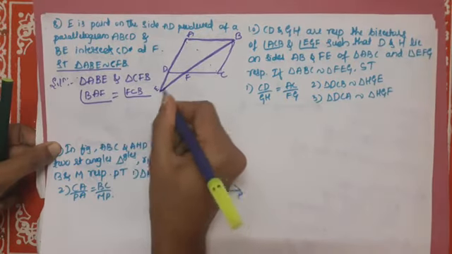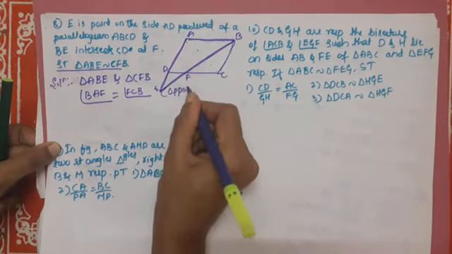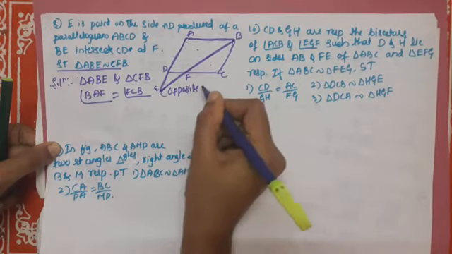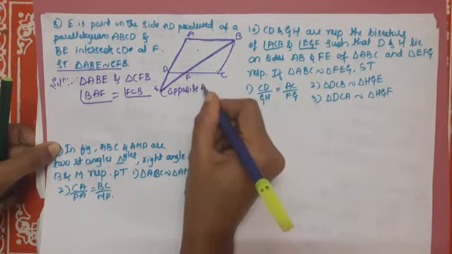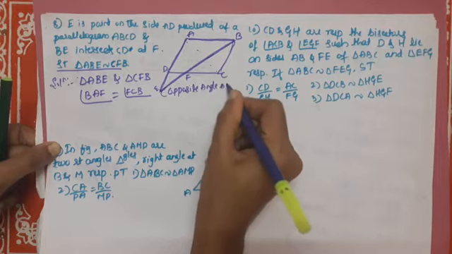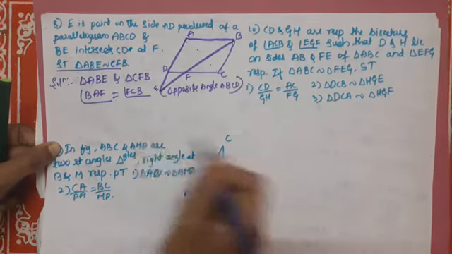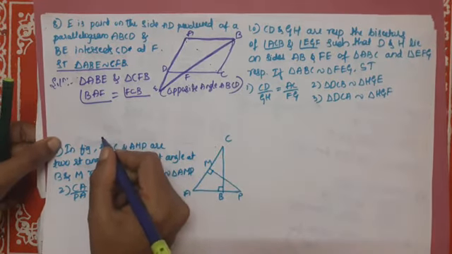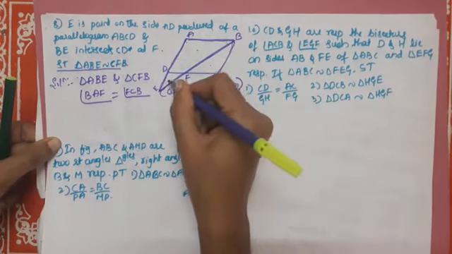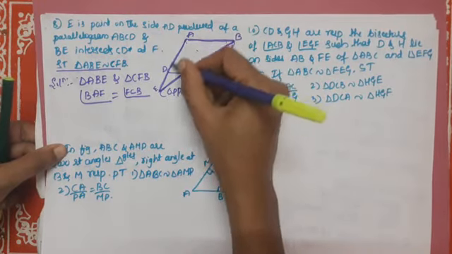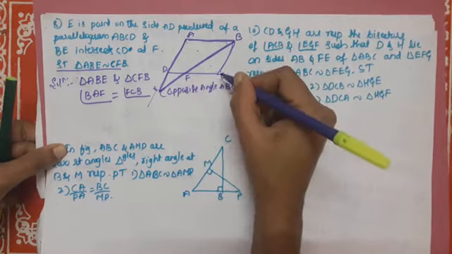These two are equal because these are opposite angles of parallelogram ABCD. Again, angle B equals angle E, because AE is parallel to BC, as this is a parallelogram.